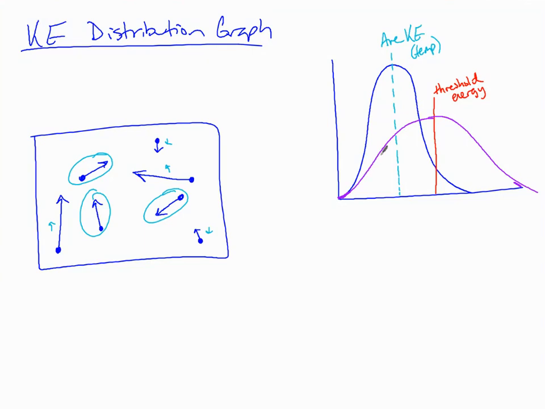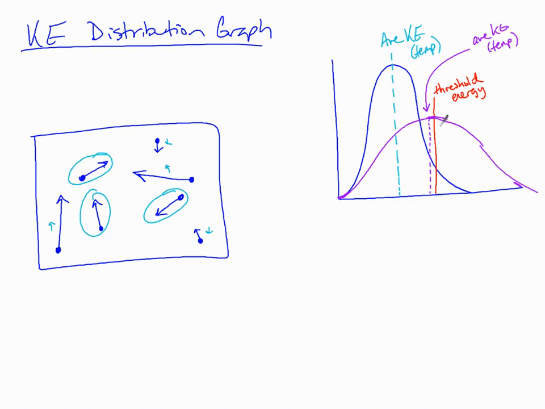So on this purple curve, where is my average kinetic energy? Say the average kinetic energy is here. Which is the temperature. Look, we increase the temperature for the average kinetic energy.